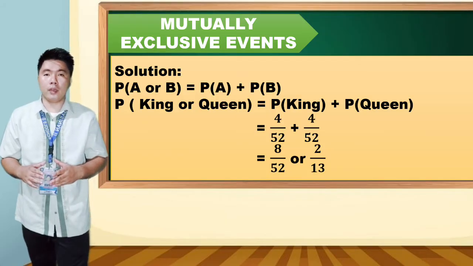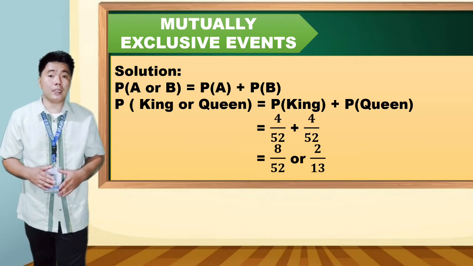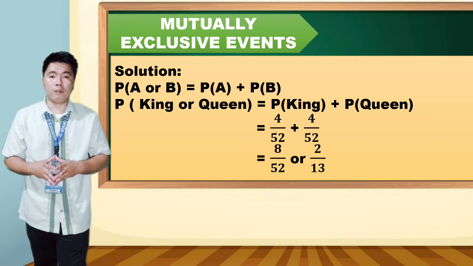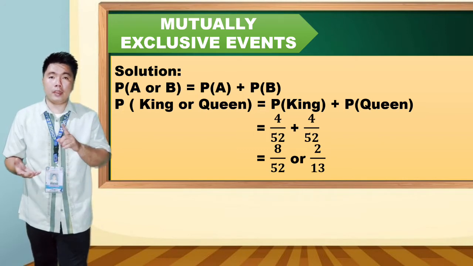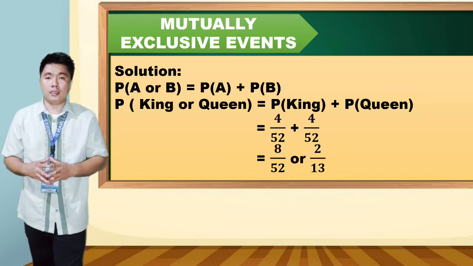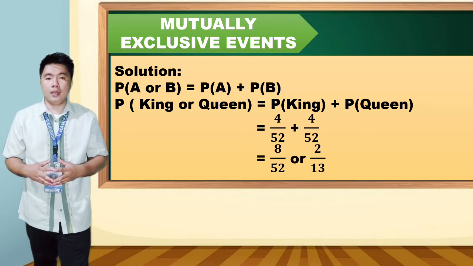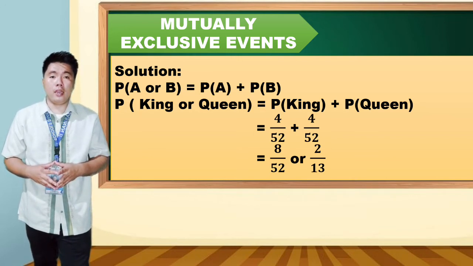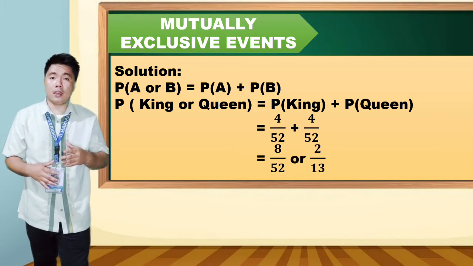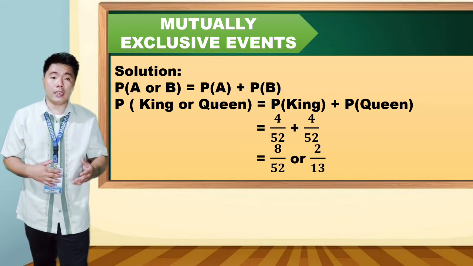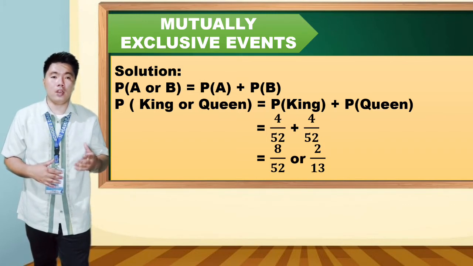We are going to use the formula for mutually exclusive events: the probability of A or B is equal to the probability of A plus the probability of B. Applying the formula, we interchange A for king and B for queen. So the probability of king or queen is equal to the probability of king plus the probability of queen.